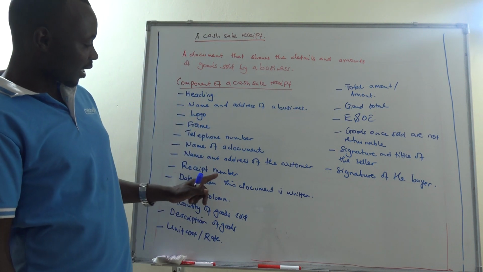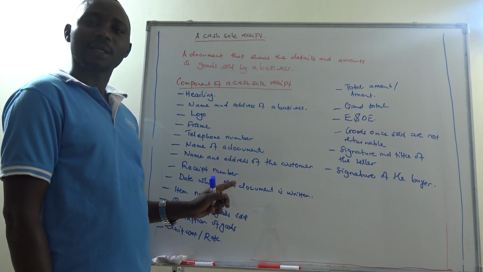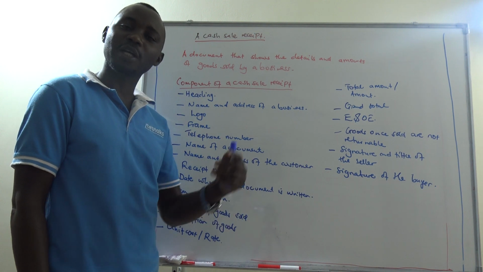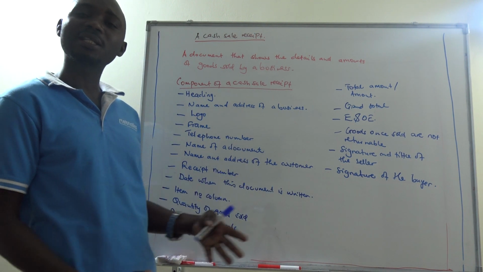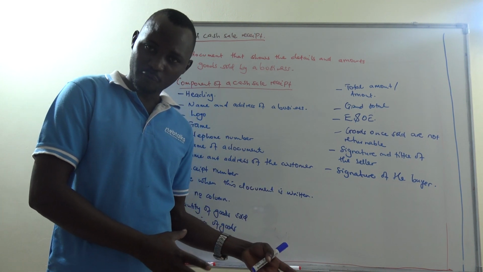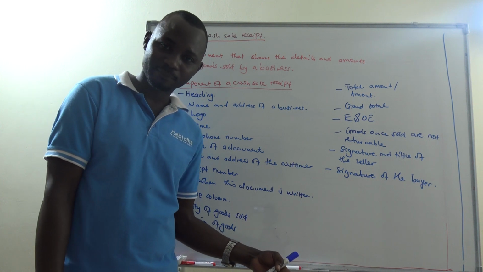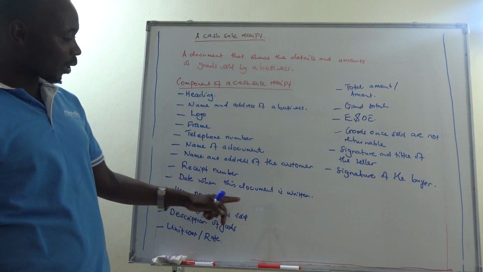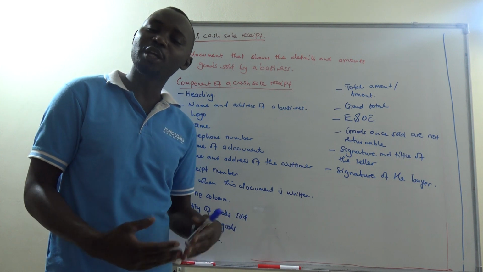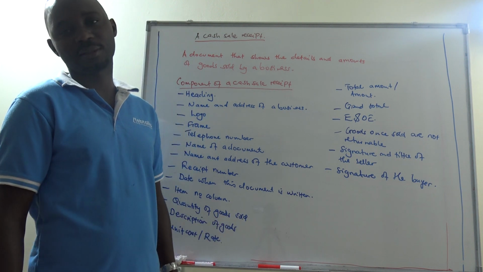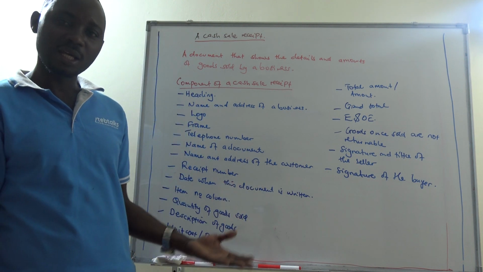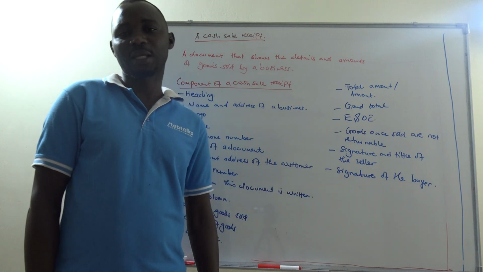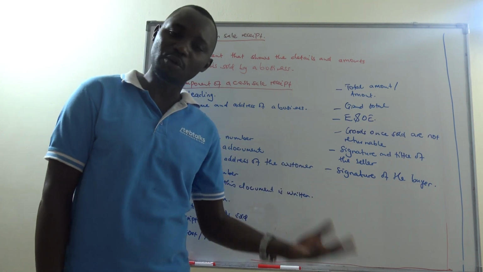We want to see the receipt number. This cash sales receipt we are issuing out is number what in our receipt book for purposes of reference. Date when this document is written. When did we write this document? We need to know that on this day we sold goods and on this day we bought goods.